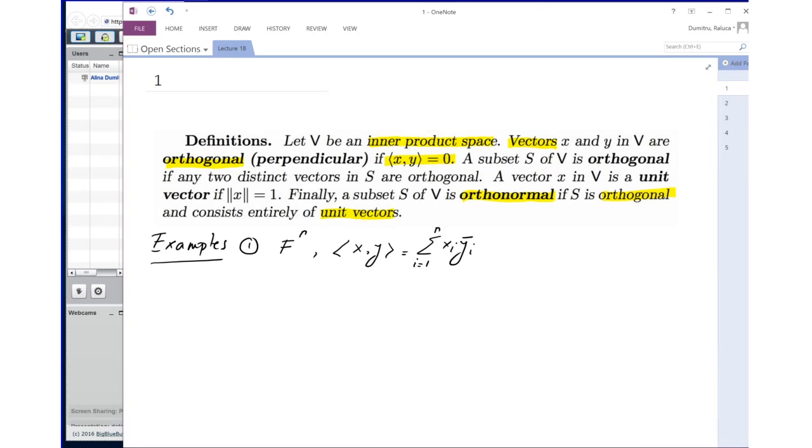The inner product between x and y was defined to be the sum of x_i times y_i conjugate. And let's look at the following set. That was the standard basis of Fn: 1, 0, 0, 0, 1, 0, and so on. The claim is that this set is orthonormal.